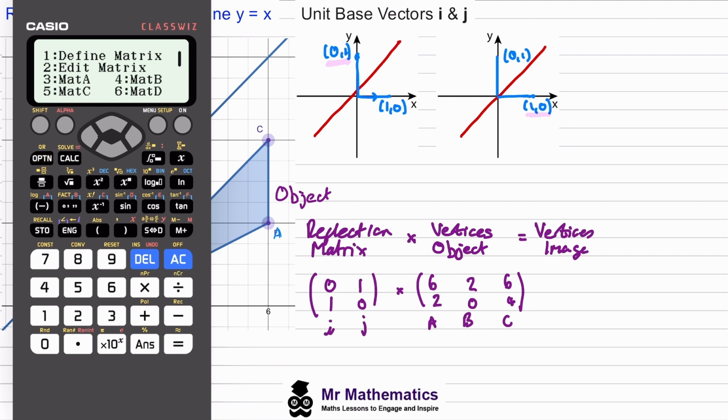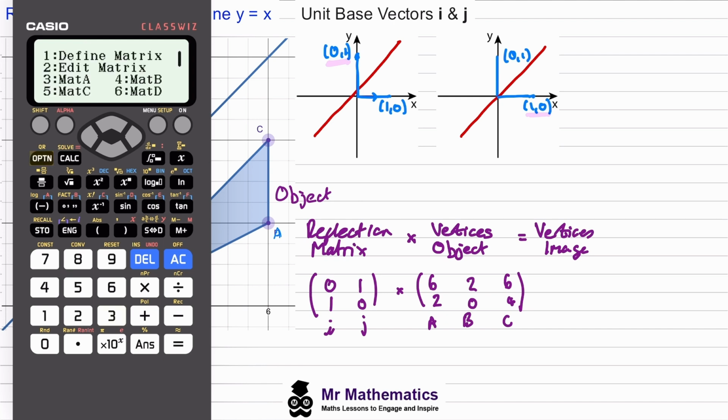We'll redefine matrix A as our new reflection matrix, so 2 rows and 2 columns, with the elements of 0, 1, 1 and 0. We'll redefine matrix B with the x coordinates of 6, 2 and 6, and y coordinates of 2, 0 and 4. We'll go back to option, matrix calculations.